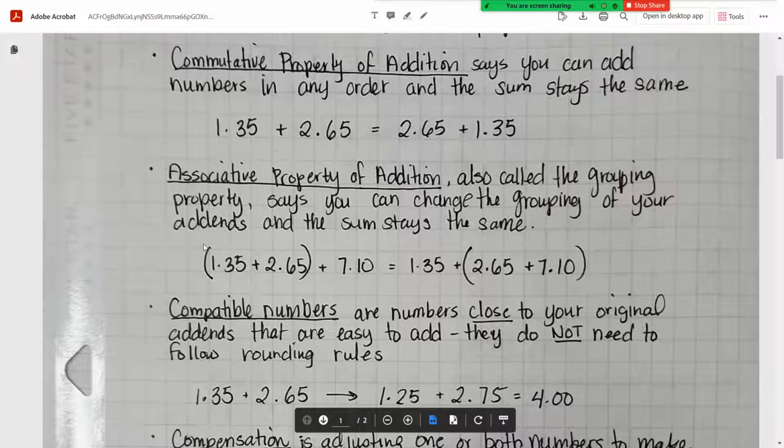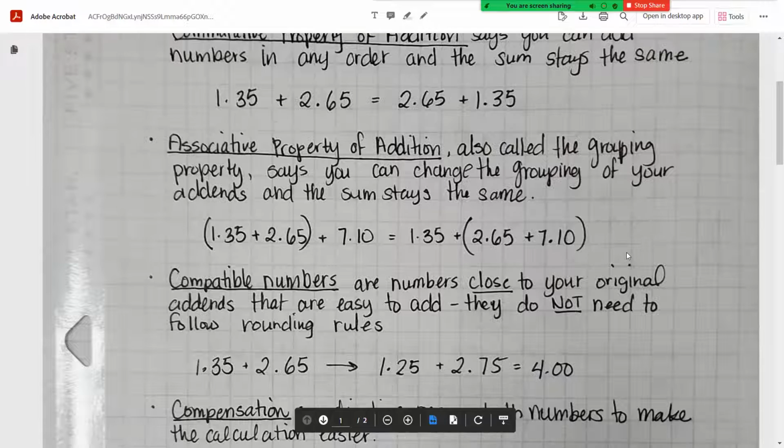So if I have my parentheses around 1 and 35/100 plus 2 and 65/100, and then after I complete that, I want to add 7 and 10/100, I can decide to move those parentheses around the 2 and 65/100 and the 7 and 10/100 instead, and do that first before I add the 1 and 35/100. All I'm doing is taking the parentheses and grouping them around a different set of numbers.